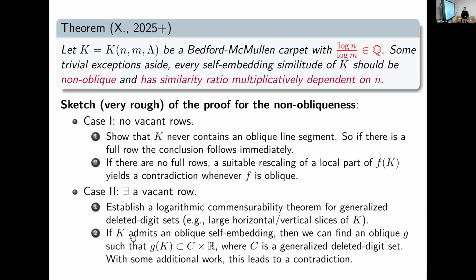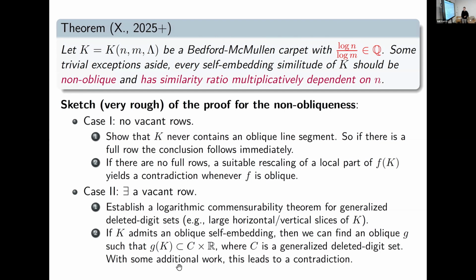In this case, if the carpet admits an oblique self-embedding, then it turns out that we can change the question a little bit. We can find an oblique embedding G such that G of K is contained in what we can regard as a tangent set of the carpet, that is, the product of a Cantor set with the real line.